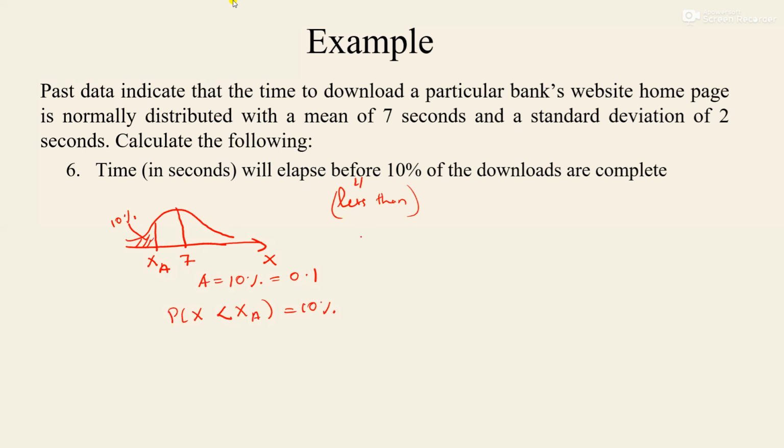Now, if you draw the corresponding Z diagram, minus ZA, 0.1. So this is also corresponding ZA by symmetry. It is 0.1.